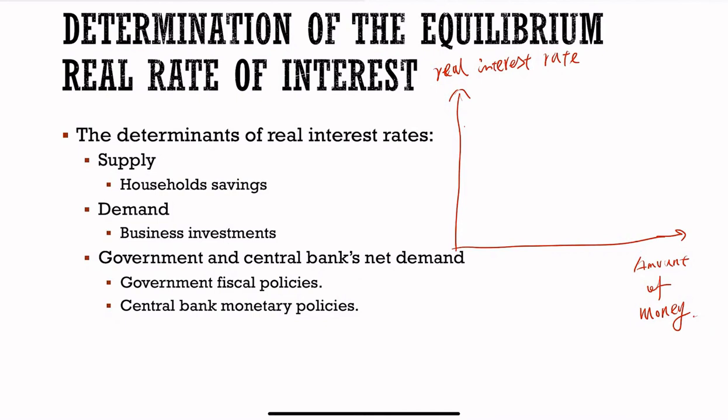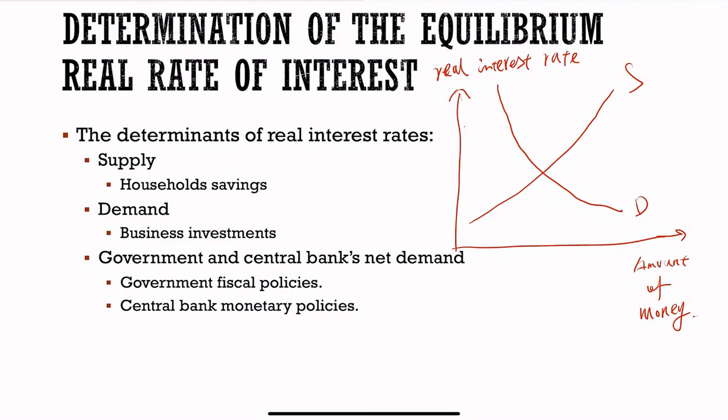And you can see that supply curve should look like this, right? It basically means if real interest rate is higher, then people are more willing to put savings into banks. Now, demand should be like this, right? Because if real interest rate is higher, then businesses will be less willing to borrow money to make investments. So we should get a curve like this.